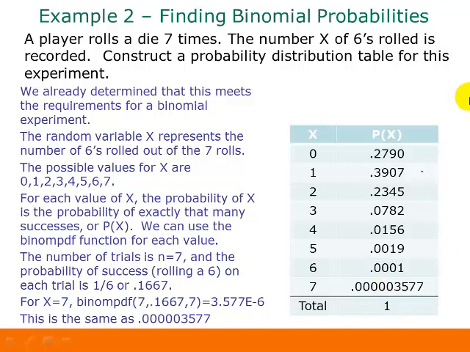Now it's possible sometimes to get a little bit of rounding error, so this might actually turn out to be something like 0.99 or 1.01. That's okay as long as it's rounding error. If it's any farther away from 1 then you ought to go back and check to make sure you haven't made a calculation mistake somewhere.